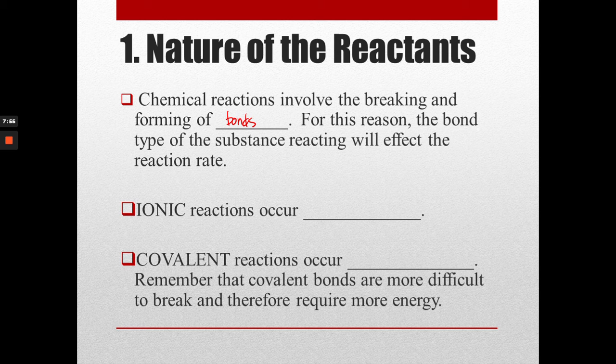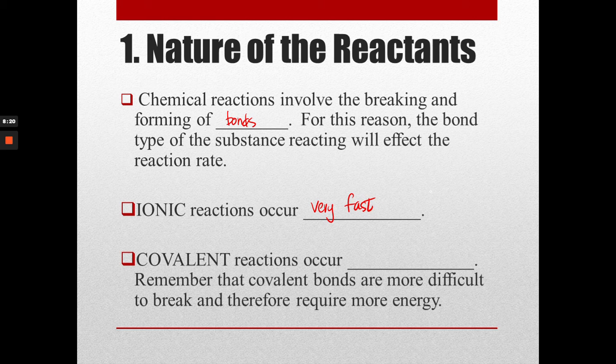Now, we learned earlier that ionic bonds are relatively easy to break, especially when they're in their aqueous form, right? Ionic compounds dissolve really easy. Water rips them right apart. So because of that, ionic bonds are easier to break, and the reactions of compounds that have ionic bonds tend to occur pretty fast.